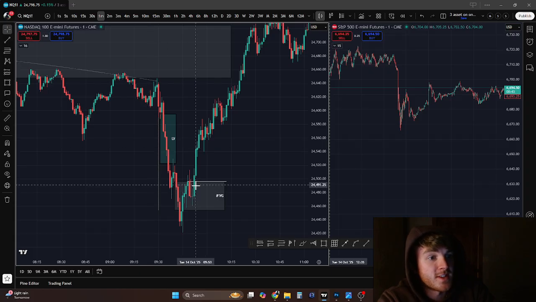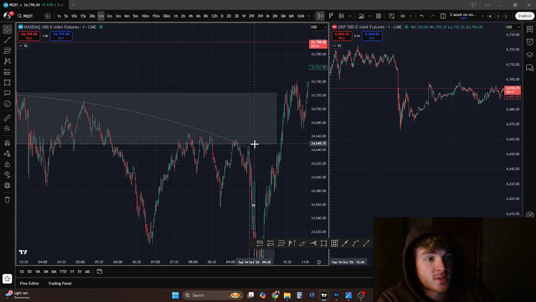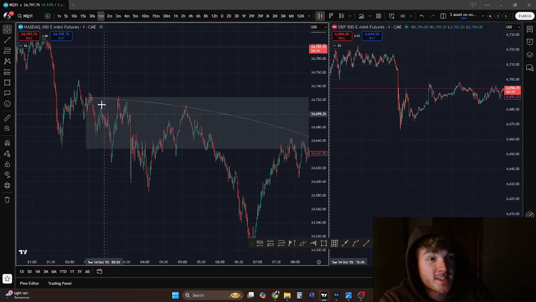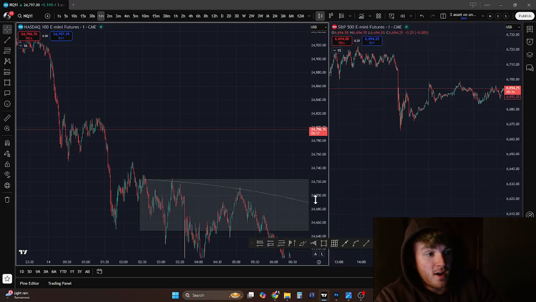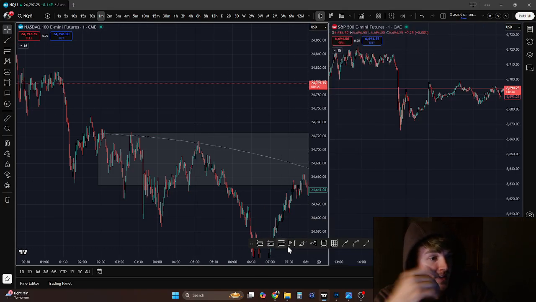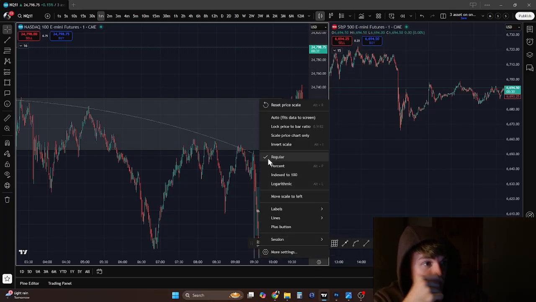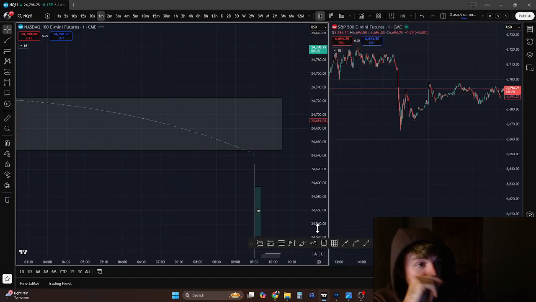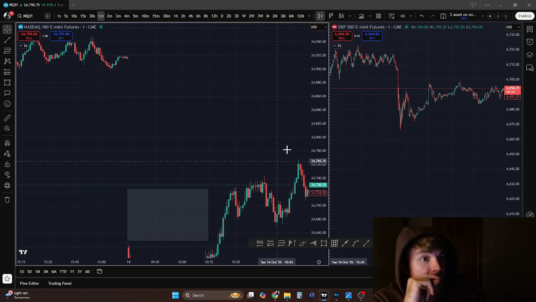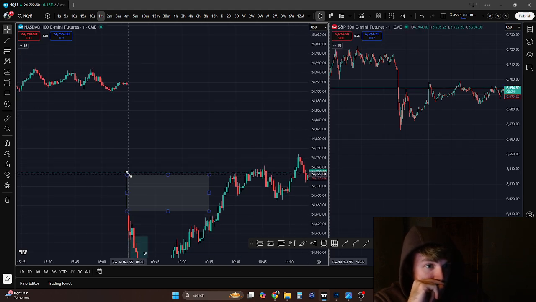And then when we inverse this, boom, we run up, take out all these low resistance highs, and we perfectly ended up filling the overnight gap. As I always say, the overnight gap is an amazing draw on liquidity, and you can drag this out from here to here.